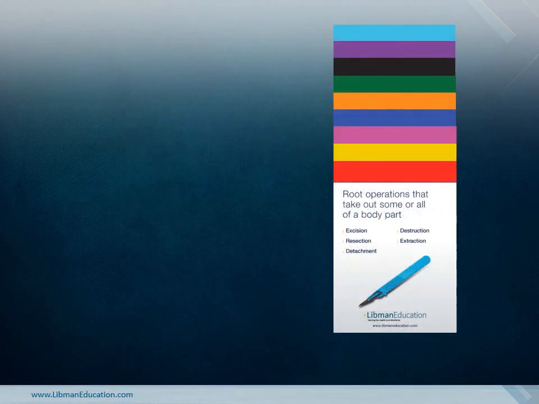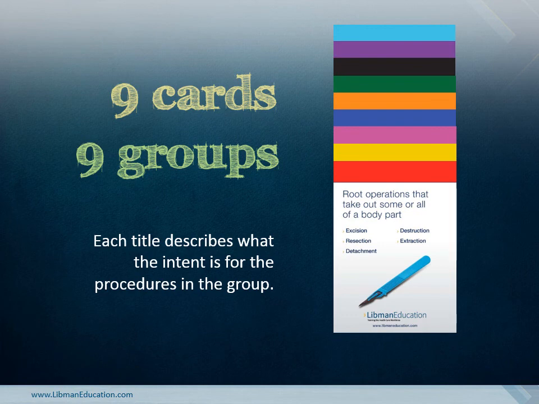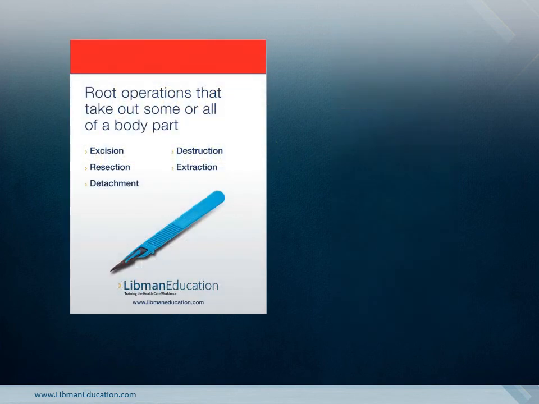There are 9 of these cards, 1 for each of the root operation groups. Each group has a title that's going to help you remember what the intent is for the procedures in that group. The red card is the first card. It says that the root operations in this group take out some or all of a body part.